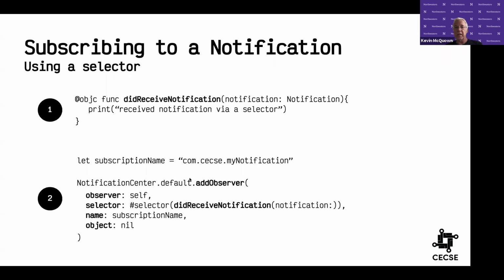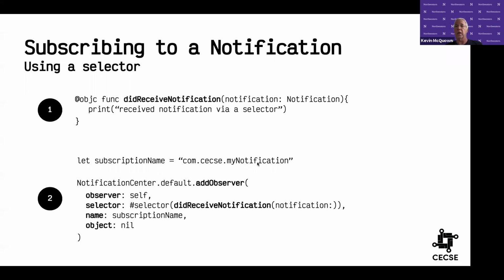So this ensures that you won't by accident pick the same name. They were not going to do com.cecse. But they might have had my notification. Unlikely, but you can put whatever you want here, but this is good form.